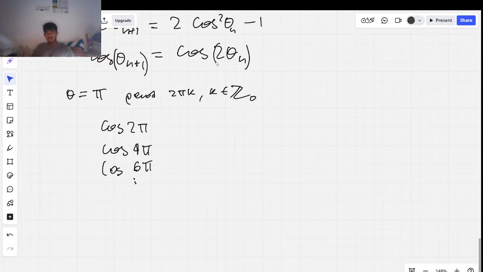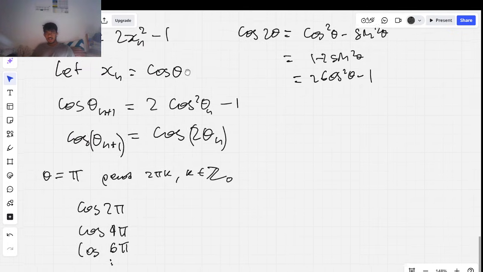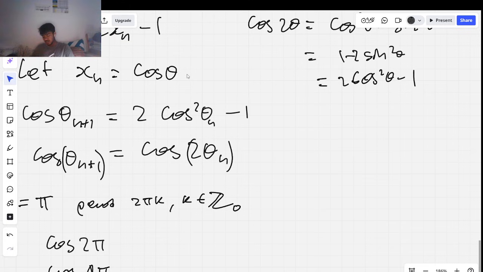Well, that means theta is equal to arccos x_n. Just substitute that back in there.